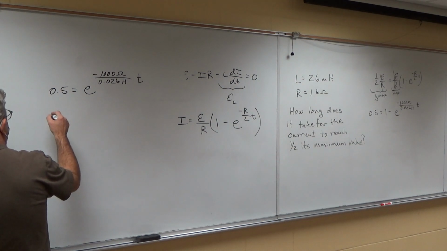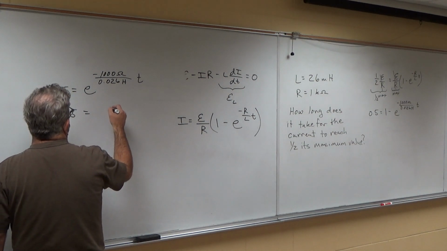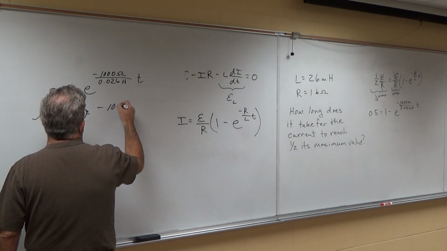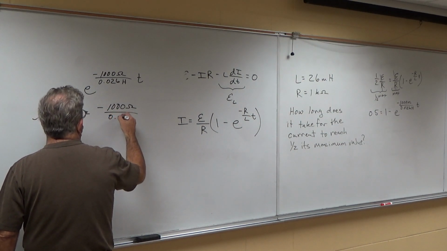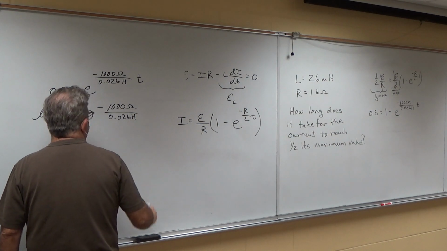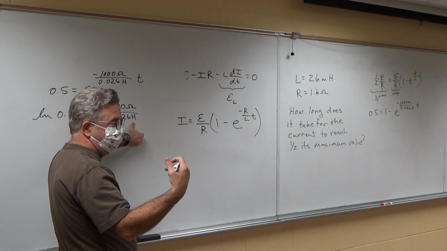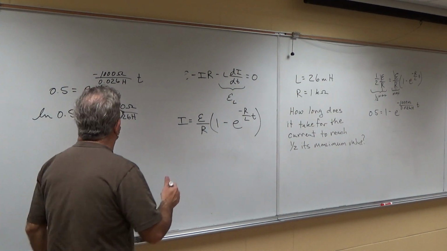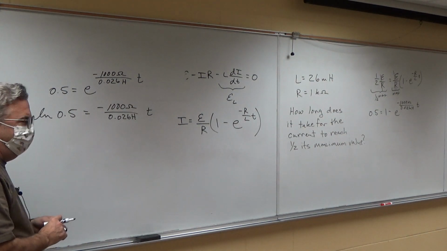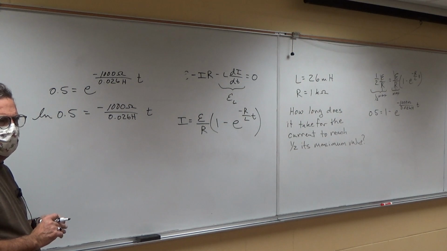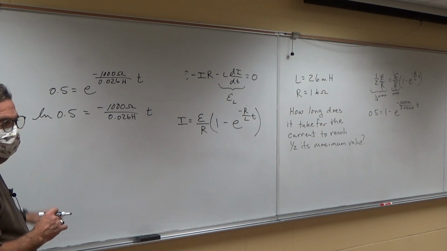Take the ln of both sides. You get the ln of 0.5. That's equal to minus 1,000 ohms divided by 0.026 henries times t. An ohm divided by henry is 1 over seconds, by the way. ln of 0.5 is negative 0.693.